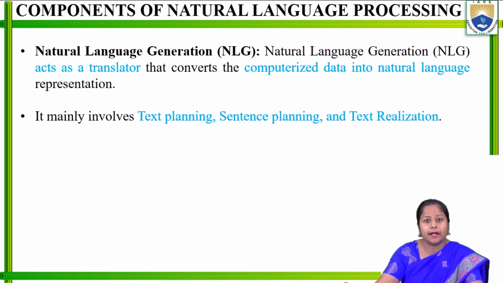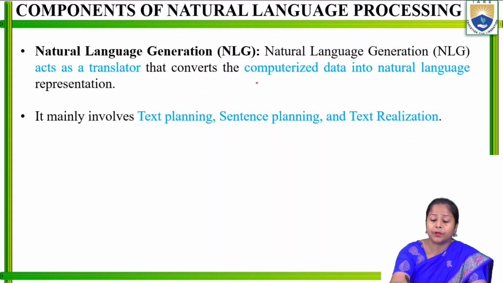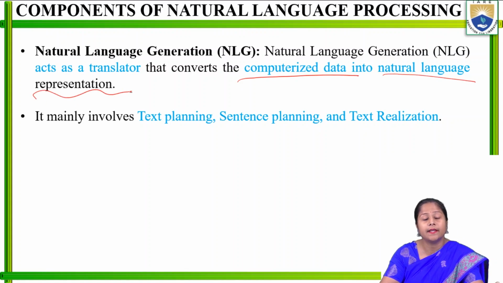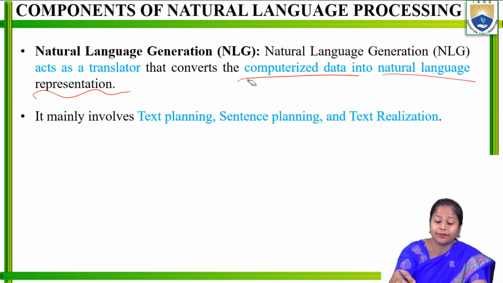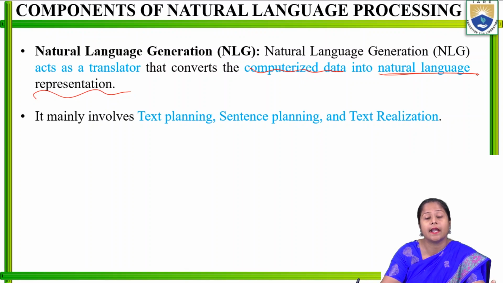Natural language generation is the second important component. Natural language generation, that is NLG, acts as a translator basically, and it is going to convert computerized data into a natural language representation. That is the primary focus of NLG. First, it converts the computerized data into natural language, that is, human understandable language, and then presents it in the form of representations.